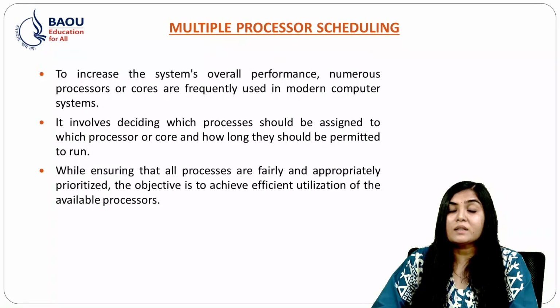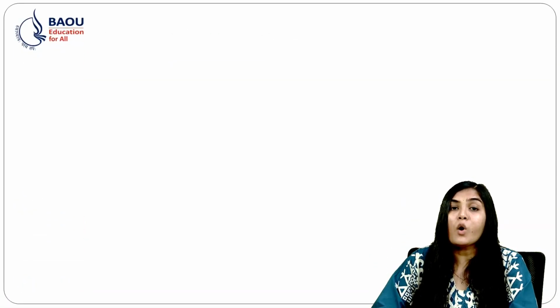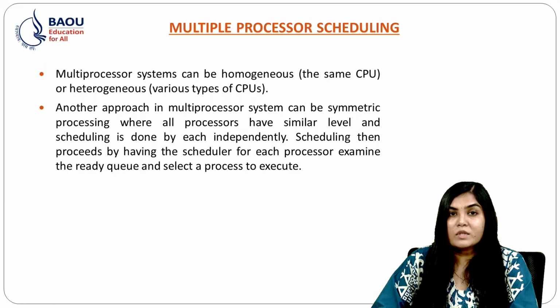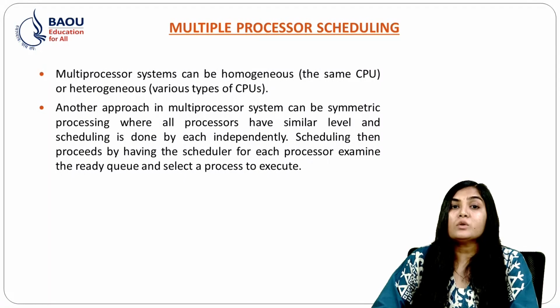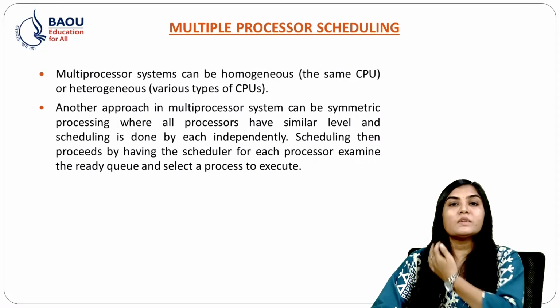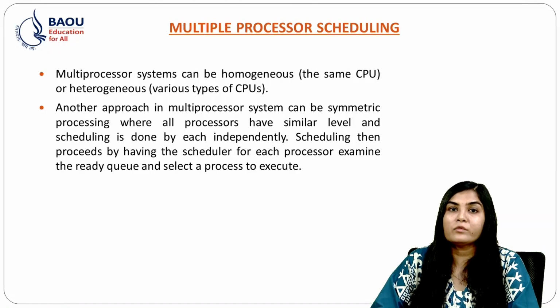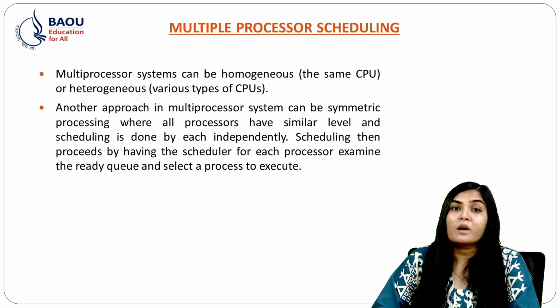Multi-processor systems can be homogeneous, means they are all the same kind of CPU, and heterogeneous, means various types of CPUs. So another approach here, let's consider a system with homogeneous or identical processors and discuss the different possible scheduling mechanisms.